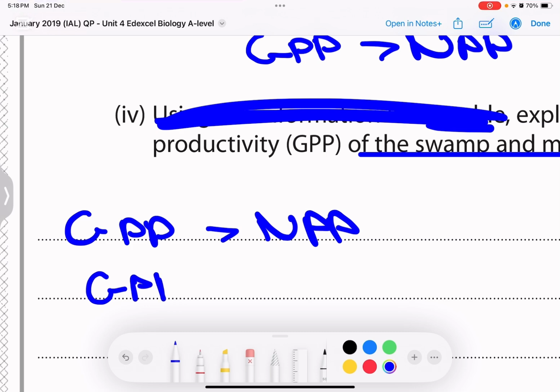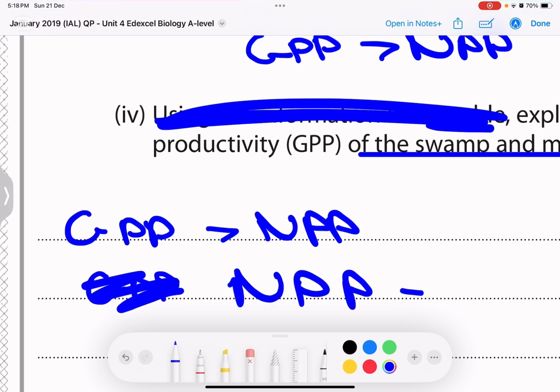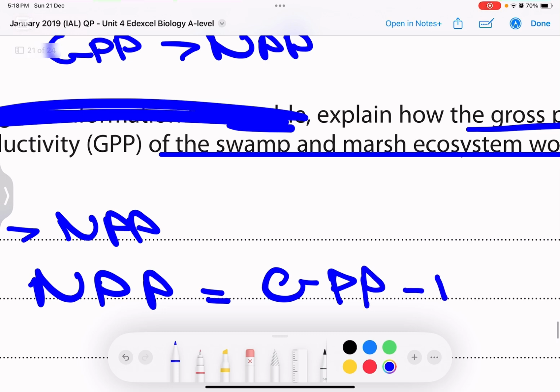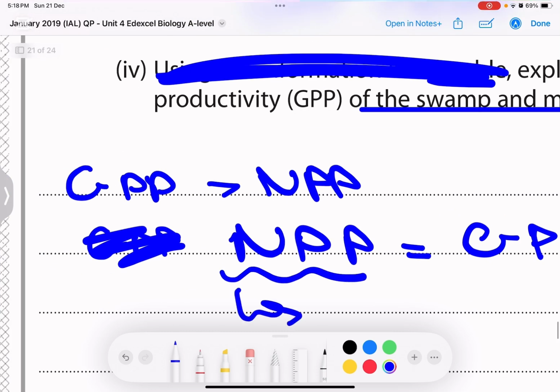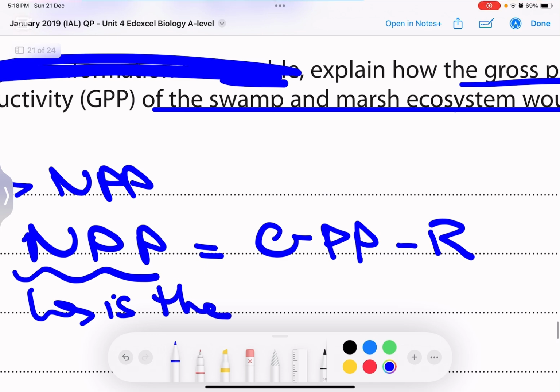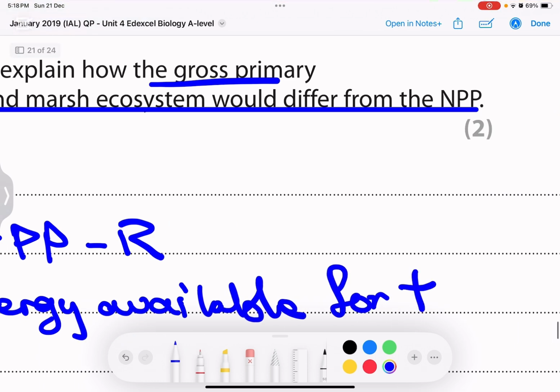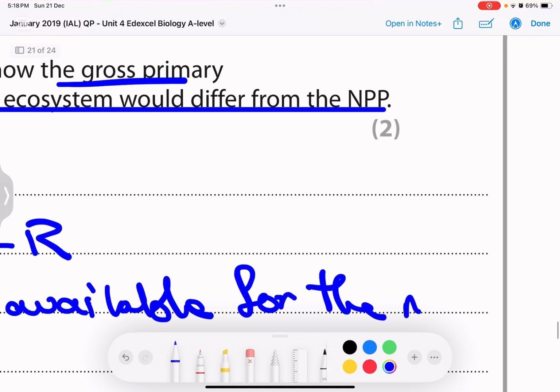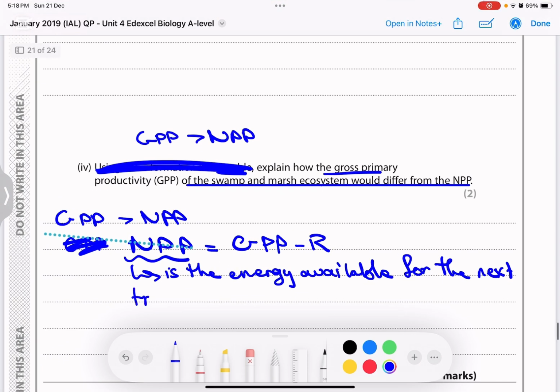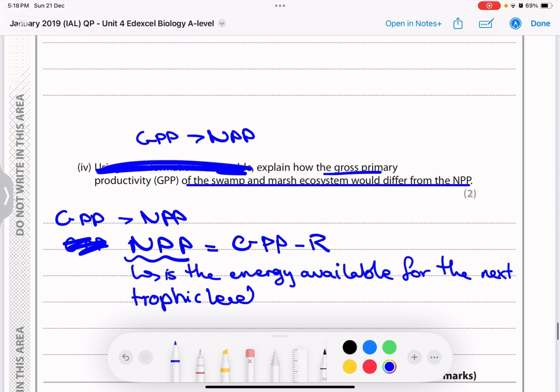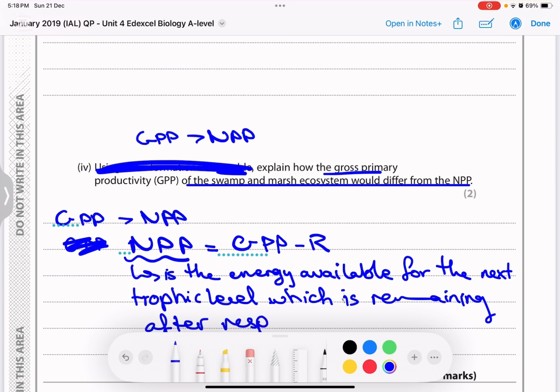This is because NPP equals GPP minus R. You can say also that NPP is the energy available for the next trophic level, which is remaining after respiration. Okay.